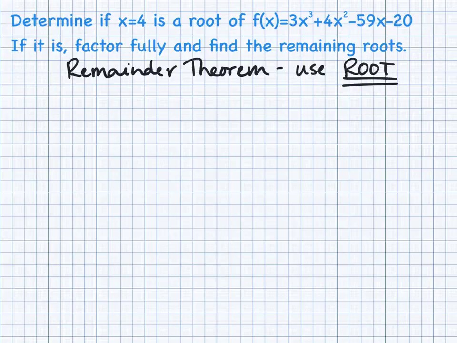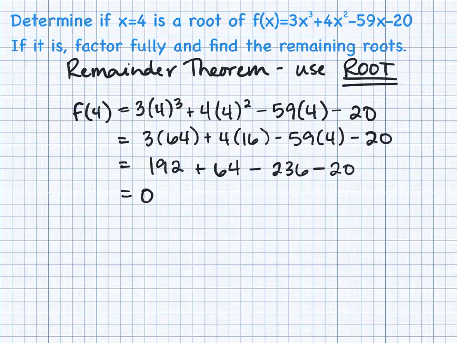So we're using just x equals 4, so f of 4. I'm going to pause it and do all the work. When we plug the 4 in, we do all of our exponents first. 4 to the third is 64, 4 to the second is 16. Do all our multiplication, and then add everything up, and we end up getting 0.